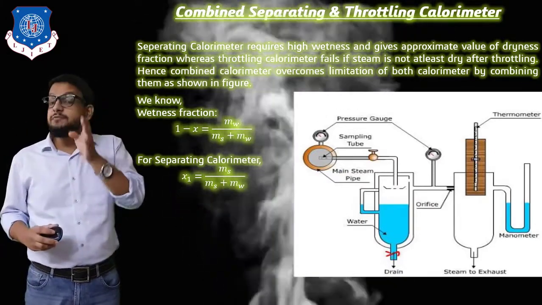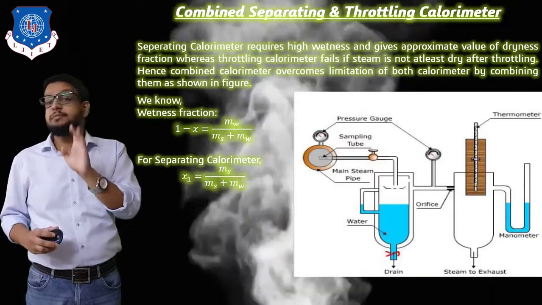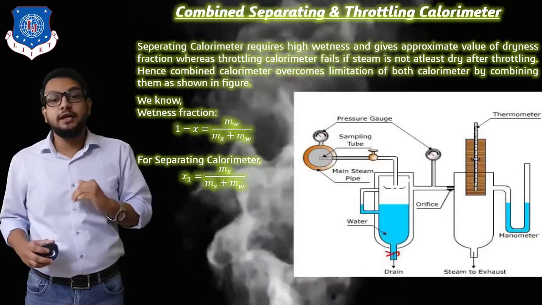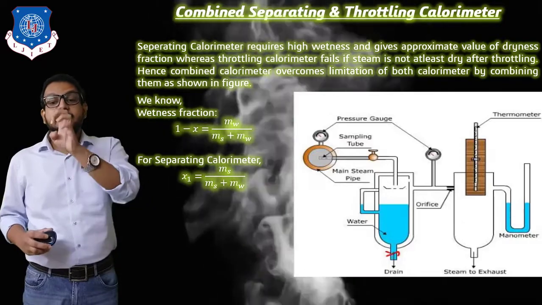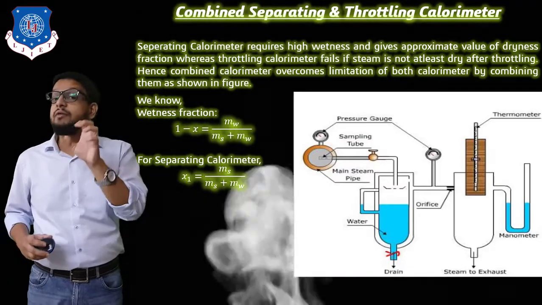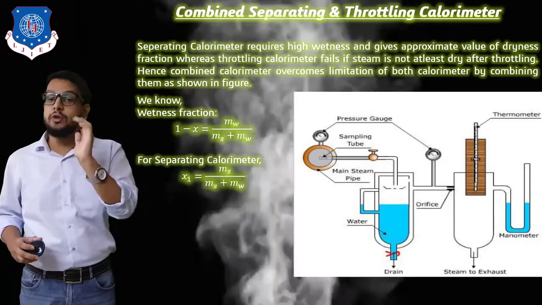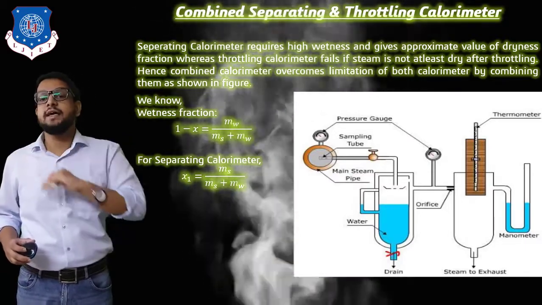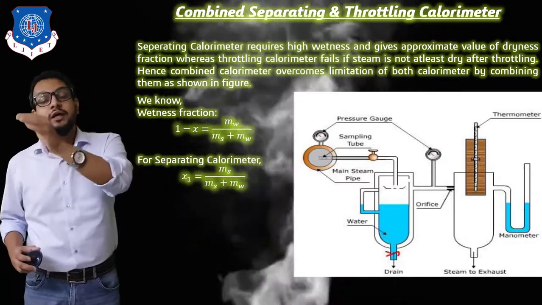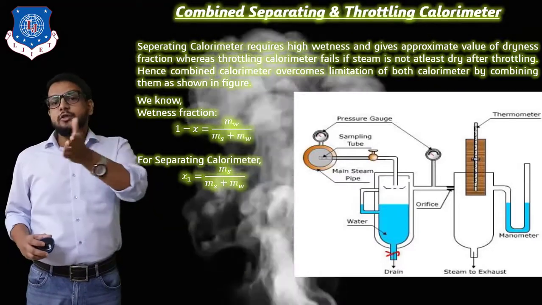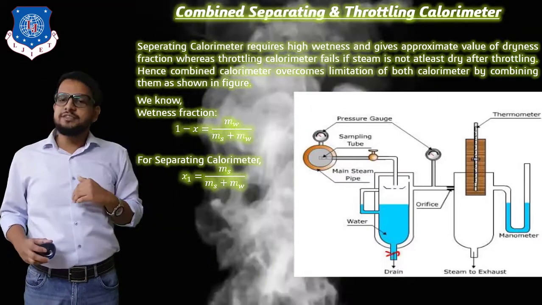Once the dry steam present in the wet steam is separated in the separating calorimeter, that dry steam will have minimum water molecules, which is a requirement of the throttling calorimeter. So it can be directly passed into the second calorimeter, our throttling calorimeter, and the throttling calorimeter will accordingly give its dryness fraction.